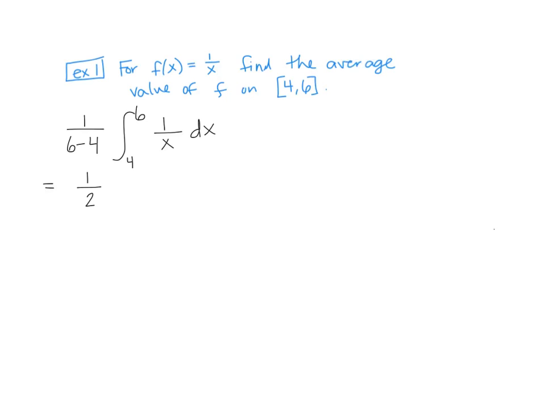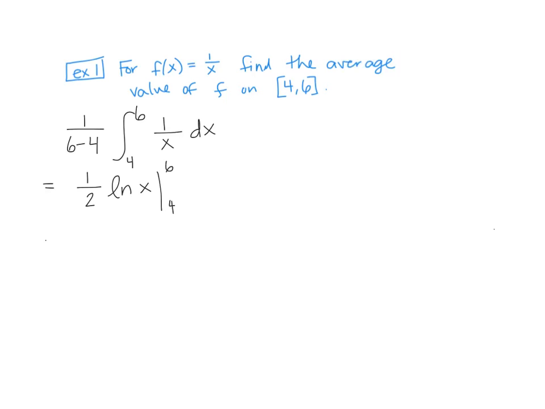And then the integral of 1 over x is ln x. So it's 1/2 ln x. Now it's technically the natural log of the absolute value of x, but as we can see here, I'm only plugging in positive values anyway, so I'm just not going to put the absolute value. And then we want to evaluate that at 6 and 4.